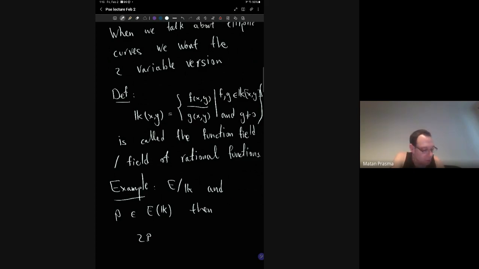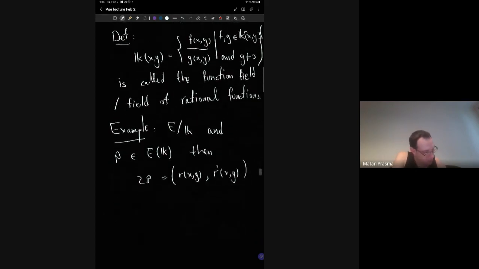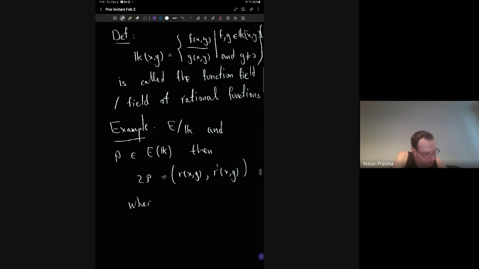The doubling of the point had some formulas which I will not repeat, because first I don't remember, and second it's not relevant, but it is some pair of rational functions (R, R'), where R and R' are rational functions in two variables.